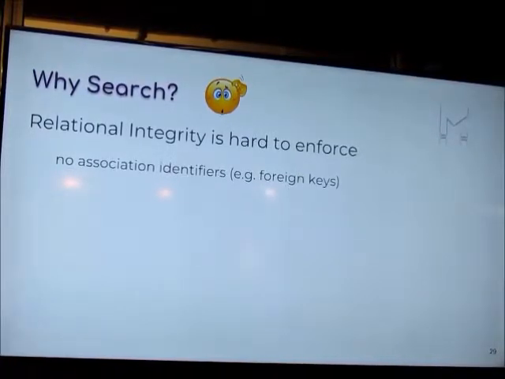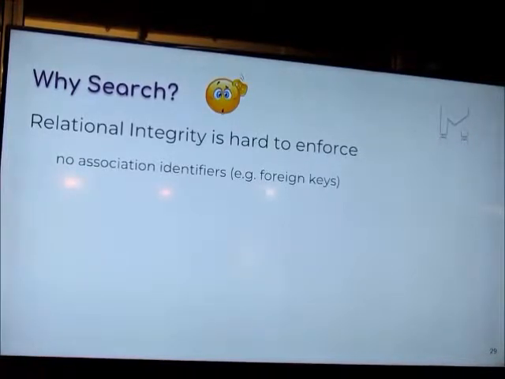When you look at search, it works without relational integrity. And this is what I mean. When you look at documents across the web for a certain topic, that web page doesn't tell you I'm about this document. All it tells you is these are the words that I'm using, and then search allows you to go find those things and say, okay, so in my case, I'm interested in you, and you, right?